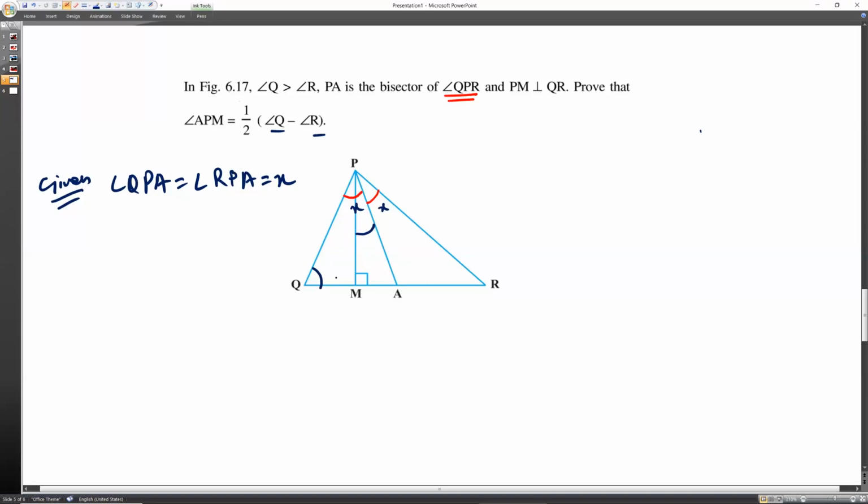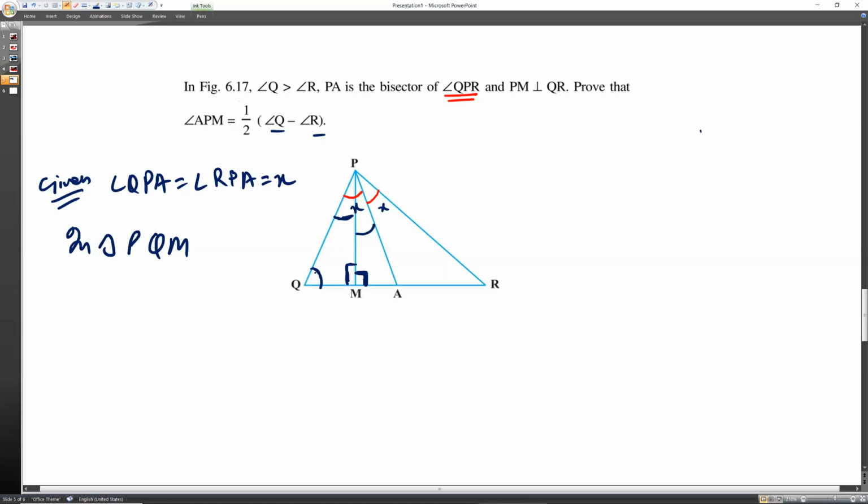Okay. So you know that this is 90 degrees being given to you, so this will be also 90 degrees. So you can write that angle Q in triangle, take this triangle PQM. Right here in triangle PQM, this angle and this angle will be equal to 90 degrees.